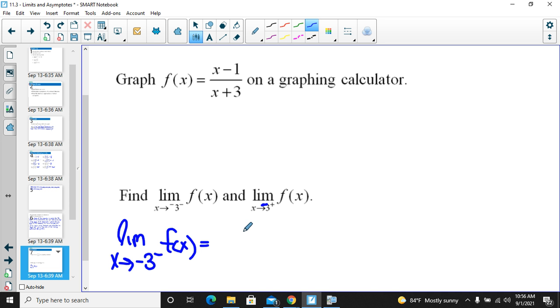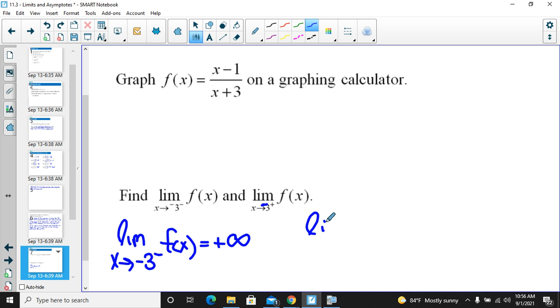Typically, when a limit goes to infinity, there is no limit. We say it doesn't exist, all right? But when we talk about a one-sided limit, it's okay to put positive or negative infinity because that actually is going to help us later on when we graph rational functions. It's going to let us know what that graph is doing as we approach a vertical asymptote, okay?